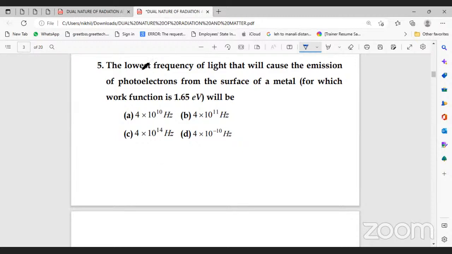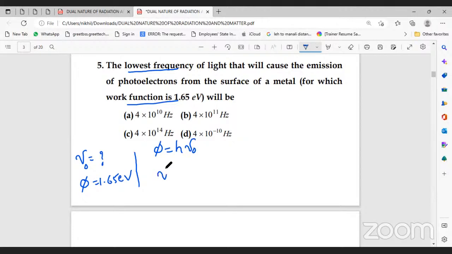What is the lowest frequency they're asking? Lowest frequency means threshold frequency, no? What is the work function here? 1.65 electron volt. What's the basic formula for work function?